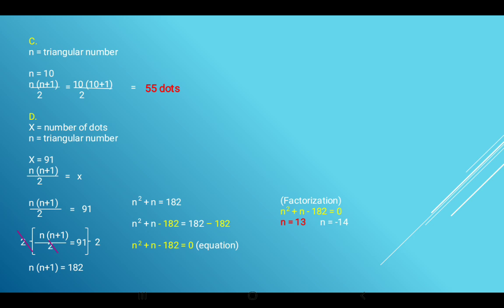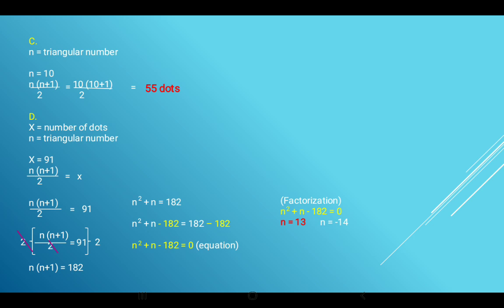Ngayon, magma-minus tayo both side ng 182 para ma-equate siya sa 0. So, magiging siyang n squared plus n minus 182 is equal to 182 minus 182. Magiging n squared plus n minus 182 is equal to 0.